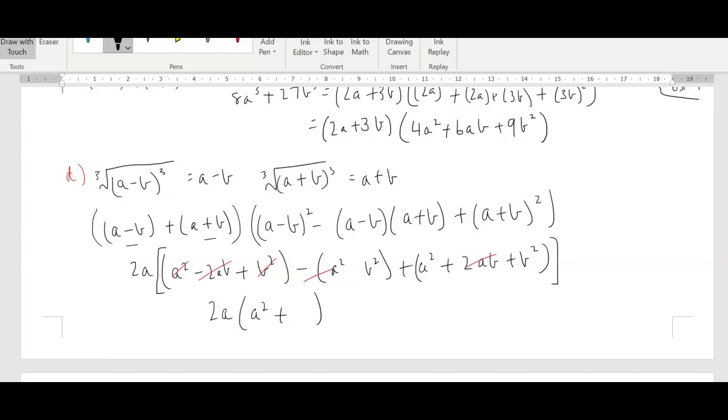In the middle, a minus b times a plus b should be a squared minus b squared. So then b squared does not cancel out. I'll just get rid of that red line. I've got b squared minus negative b squared, which is another positive b squared, and then another positive b squared. So we've got 3b squared.